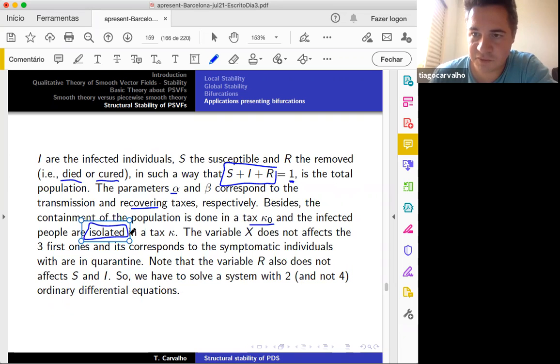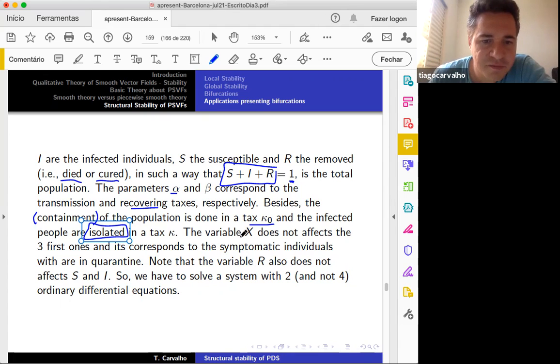All contaminated individuals must be isolated, and not depending on whether their work is essential or not.